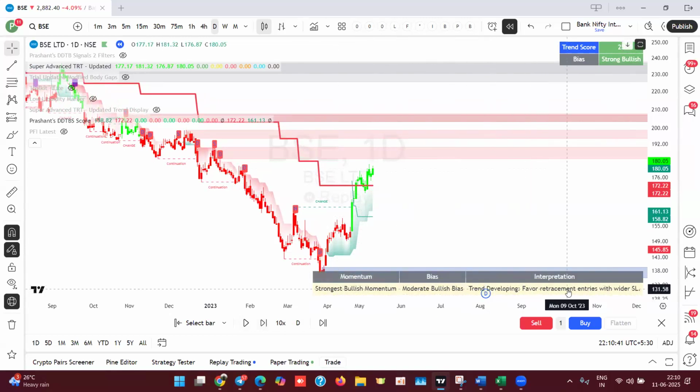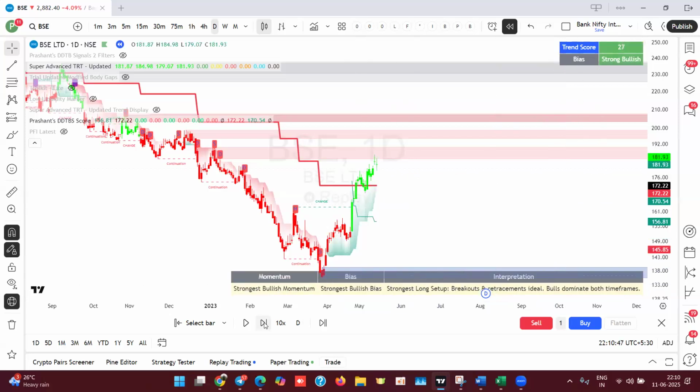So trend is developing and it favors retracement entries with wider stop loss. So as long as it is in this zone, see, bias has changed to strongest bullish bias. I will have to check this. It should change when it increases. It still requires some corrections, but the bias is strongest bullish.